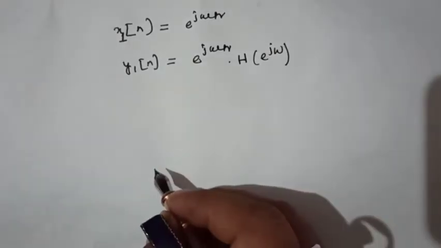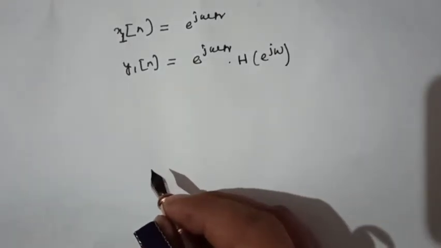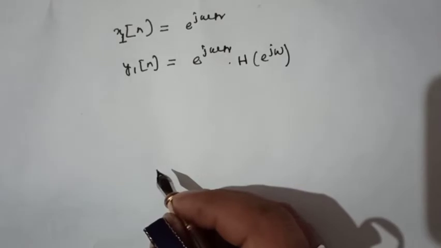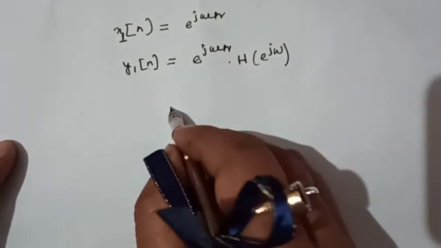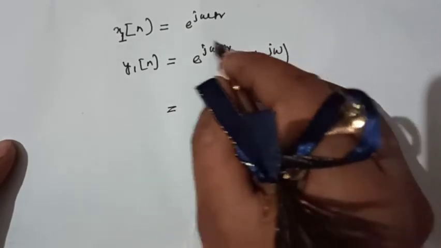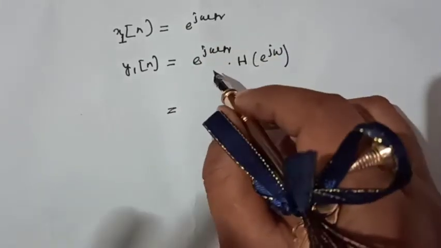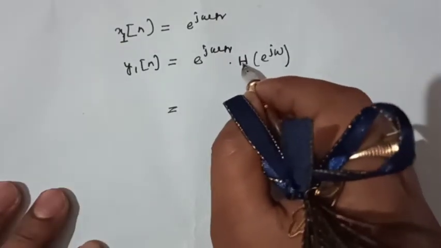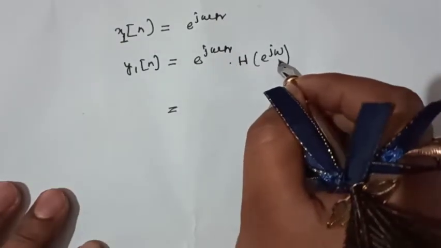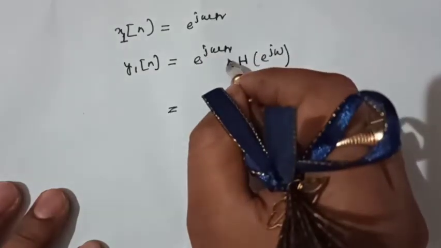If we take the magnitude, it will be the magnitude of H of e to the power j omega, because the magnitude of e to the power j anything is 1.